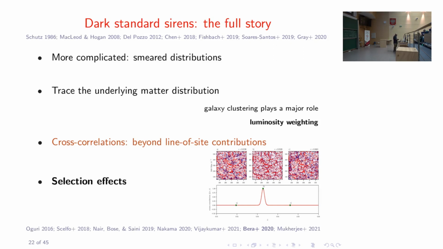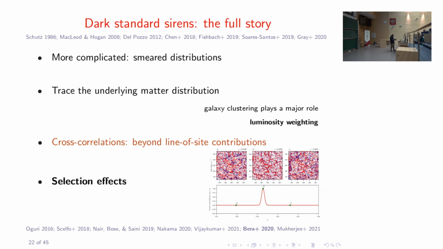One thing to highlight is that we are essentially tracing the underlying matter distribution, the dark matter distribution, which is somehow correlated with the gravitational wave distribution. How exactly it is correlated, we do not know. Maybe it is correlated by something called a gravitational wave bias, which is what we would also be trying to measure.